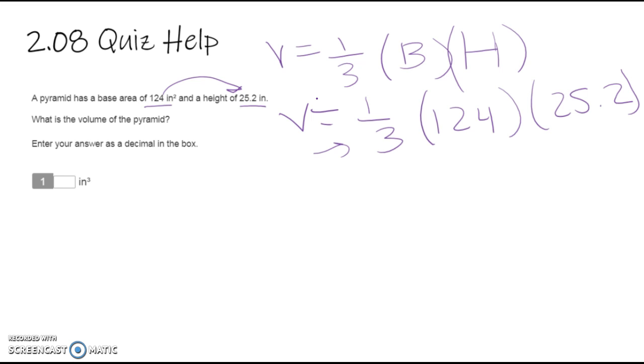You will take that number, which is 3,124.8, divide it by 3, or you can multiply by 1/3. Same thing. And you will get 1,041.6. And we will do inches cubed.